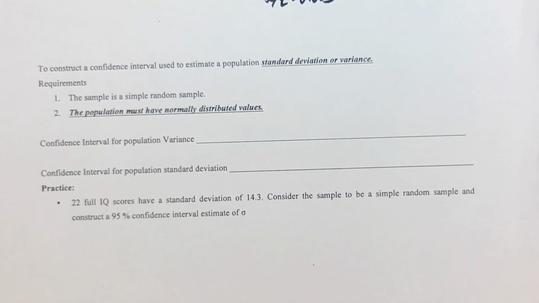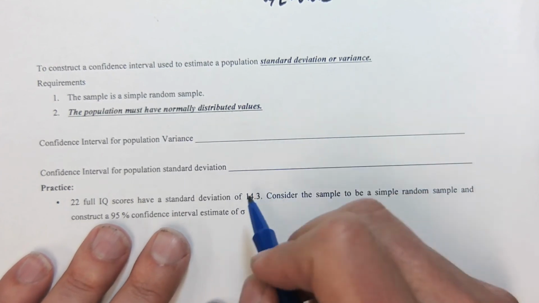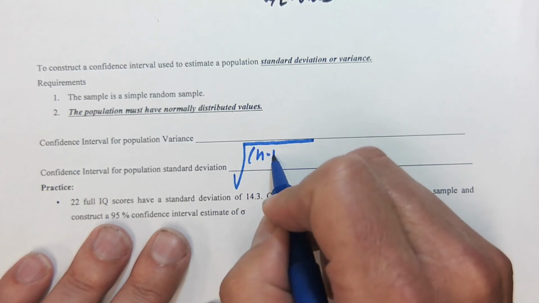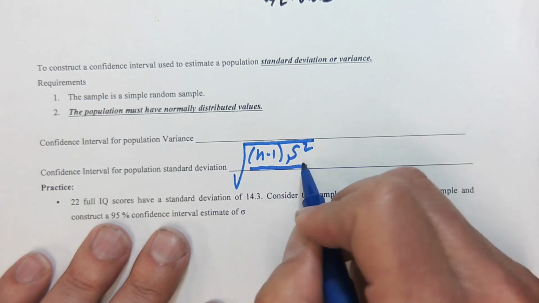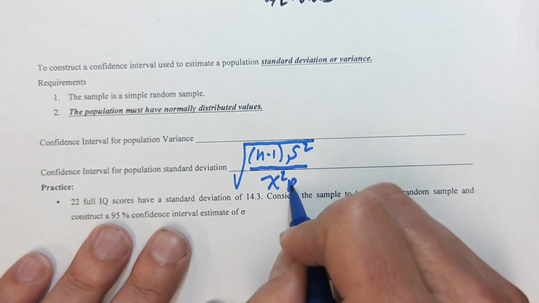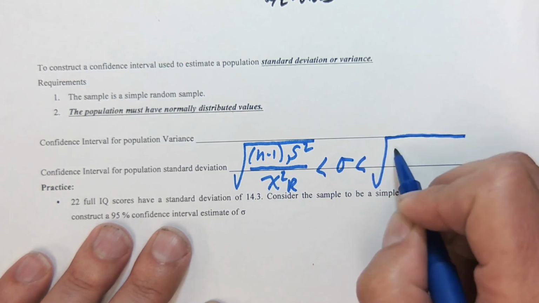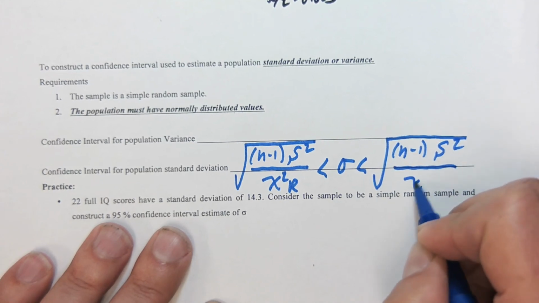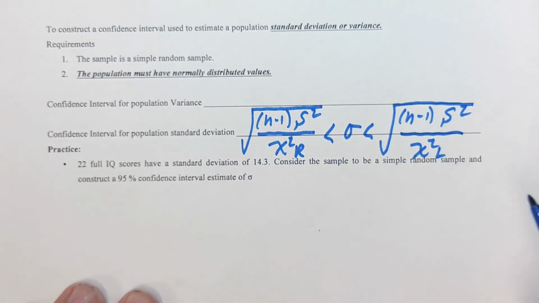So that brings us to constructing a confidence interval. I'm not going to do variance, I'm just going to do standard deviation, because for this class we're not going to be using variance. So you see we'll need to find the two critical values as we're looking at this here.